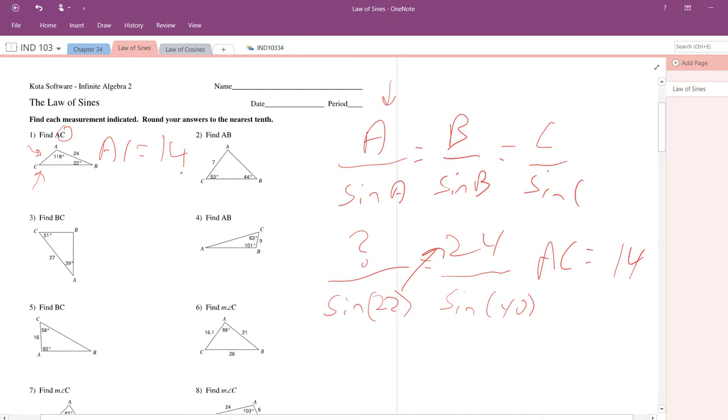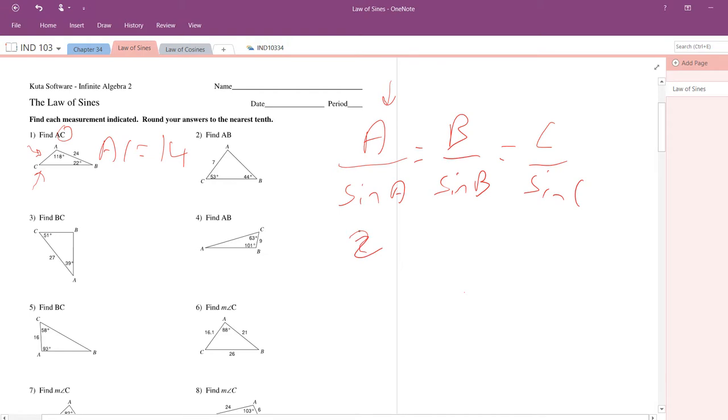All right, let's go on and look at another one. Let's look at number 3 here. Same type of thing. I'm looking for side BC, and that matches up with the 39 degrees.